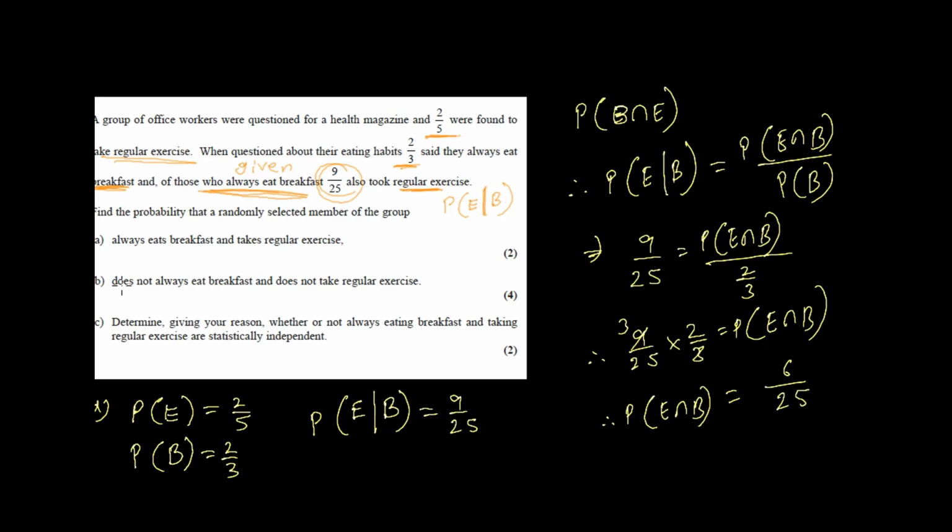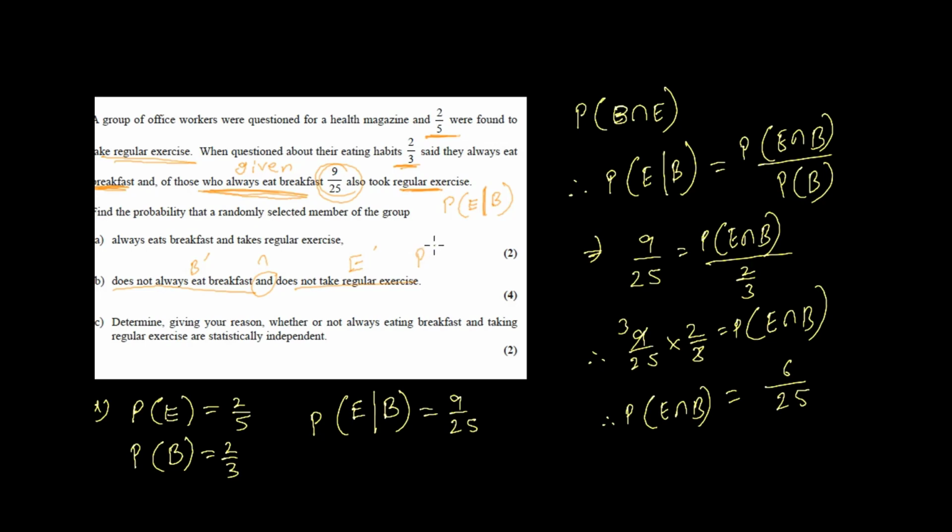Question B. Does not always eat breakfast, that means B prime, and does not take regular exercise. Does not eat breakfast is B prime, and means intersection. Does not take regular exercise is E prime.